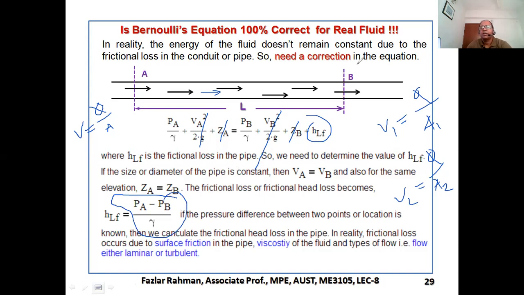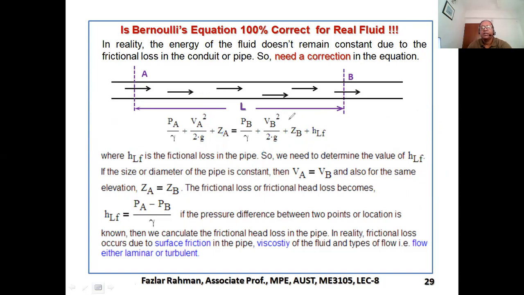So how can we measure it? If we install a pressure gauge right over here and right over here, we measure the pressure, then you will know how much the loss is. But sometimes the distance between two points might be 5 miles, 10 miles. How will you get the pressure difference?